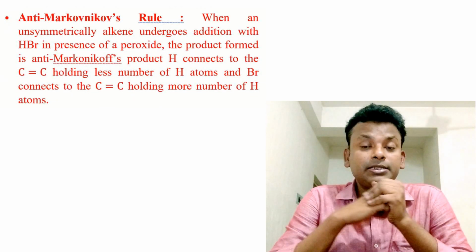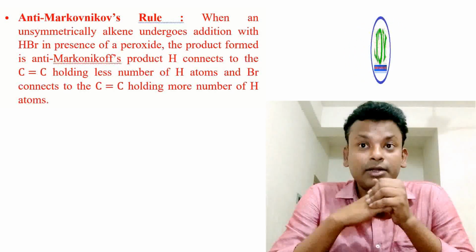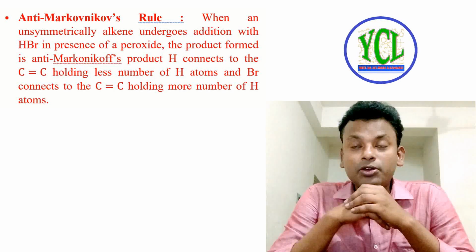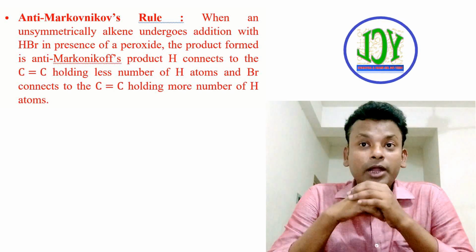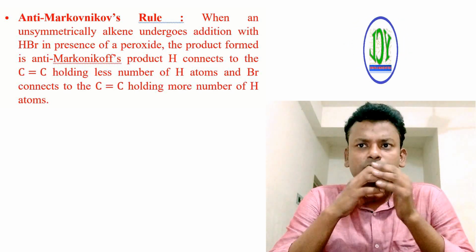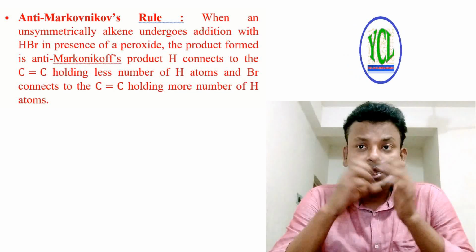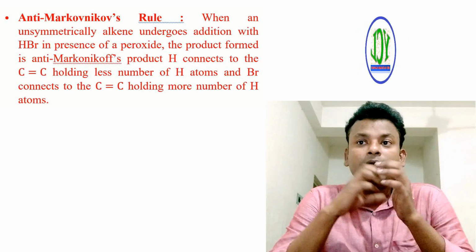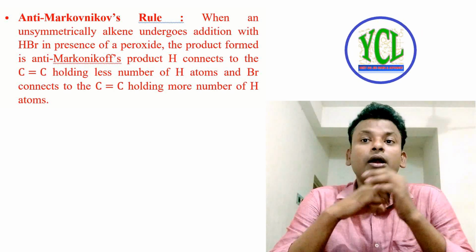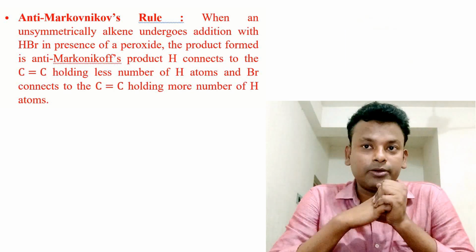When an unsymmetrical alkene undergoes addition with HBr in presence of peroxide, the product formed is the anti-Markovnikov product. Hydrogen connects to the C=C carbon holding the lesser number of hydrogen atoms and Br connects to the C=C carbon holding more hydrogen atoms.